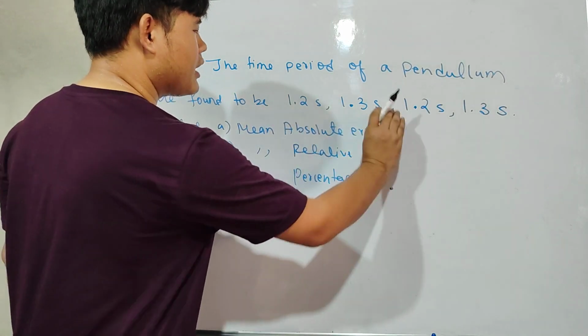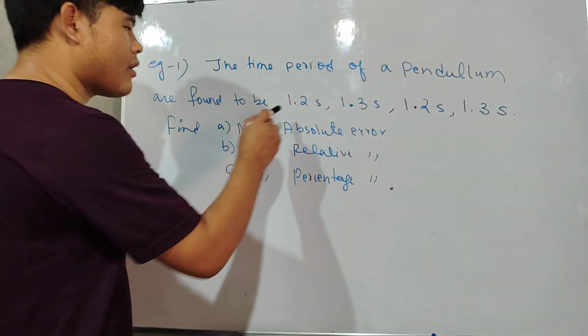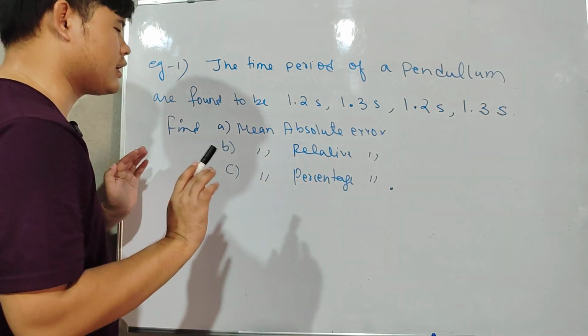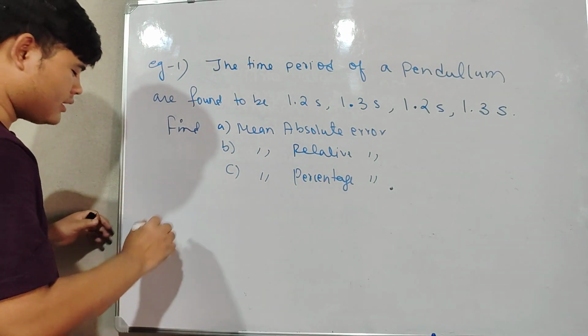So how will you find it here? Is there any true value here, so that we can subtract the measured value? This is our measured value, but is there any true value? The true value is not given, so that means we have to find it. So let's solve.